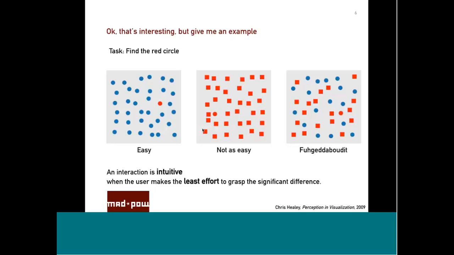And then finally, in the third picture, you can forget about it. It's pretty tough to find that red circle in a sea of red and blue squares and circles. It takes a lot more serial processing. So the one on the left is indeed intuitive. It takes the least amount of effort to grasp those differences. And again, it's all about those differences.